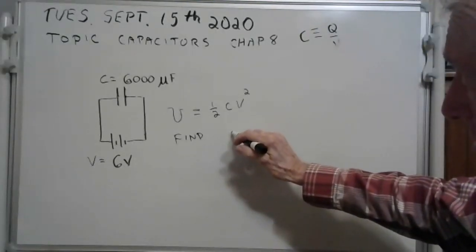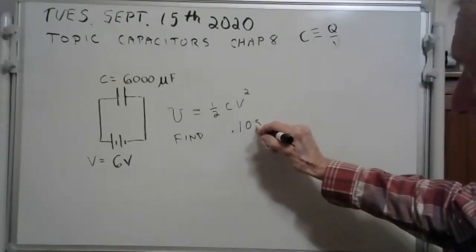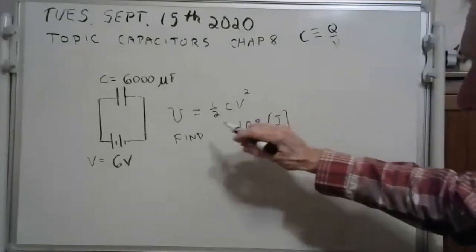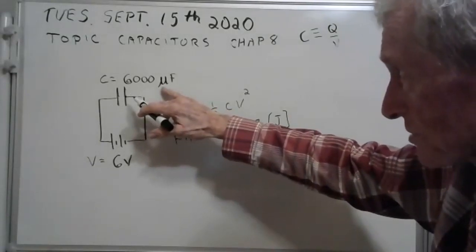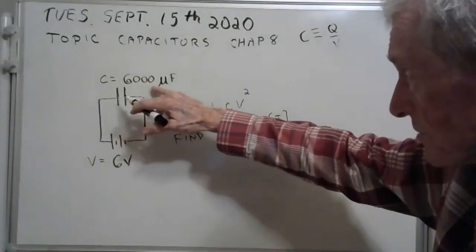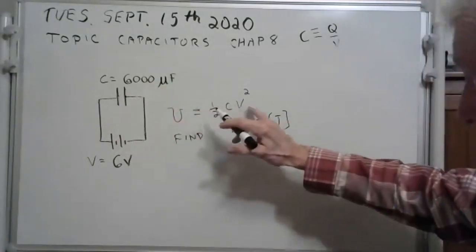Well, how come I'm getting 0.108? That's what I got too. Me too. I think it's 0.108. Do it again. Now remember, micro is 10 to the minus 6. Go 6,000, 10 to the minus 6 times 6 squared. You have to square that.